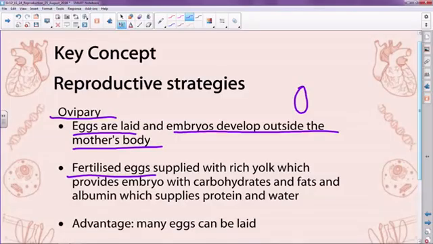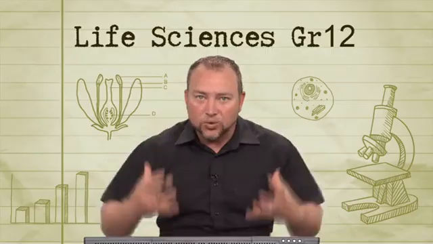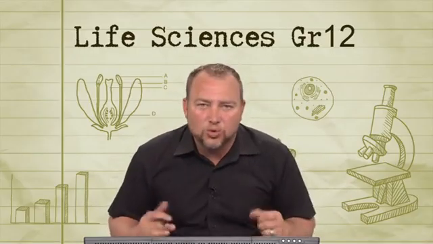Now here, fertilization: fertilized eggs are supplied with a rich yolk, which provides the embryo with carbohydrates. Remember, carbohydrates give you energy. It's fats and albumin, which supplies protein and water. Albumin gives them the protein, because you need protein to make new cells, muscle cells and all of those things.